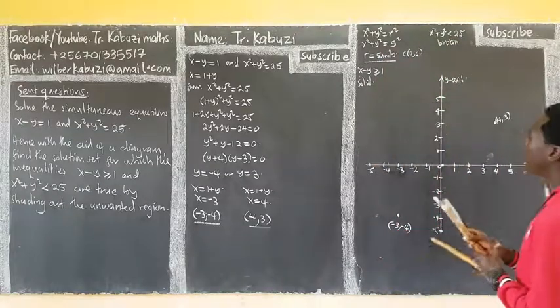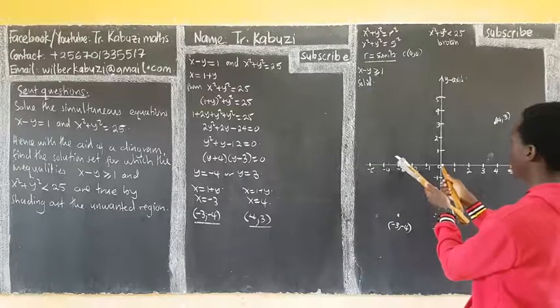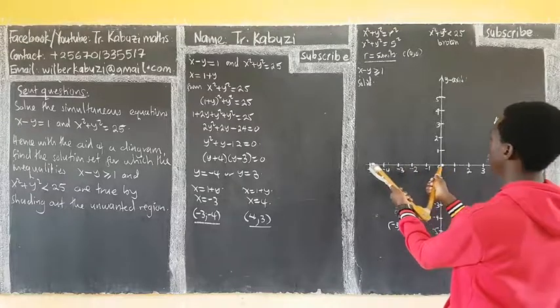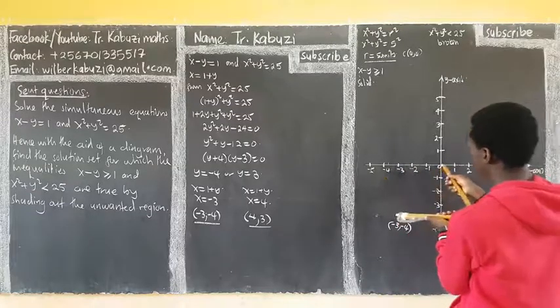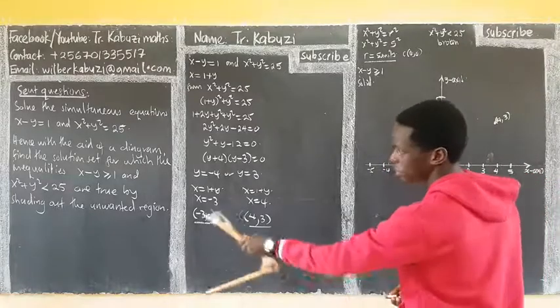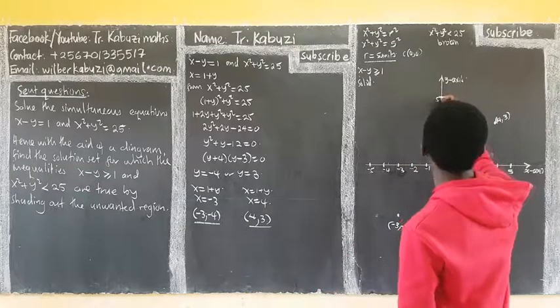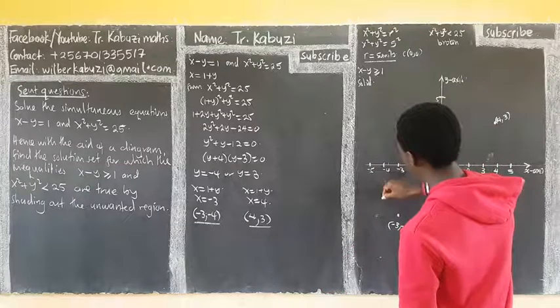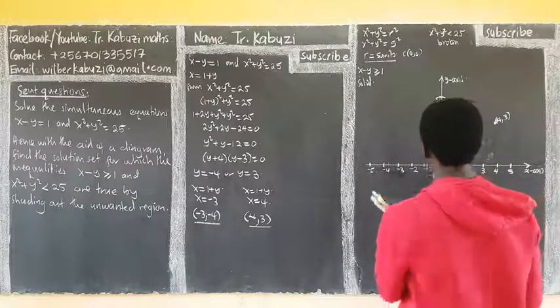So you can put here and then point out your 5 units. So these are my 5 units, like that. That's where my line is going to pass, because it's just a sketch, as you see there. It's going to pass there like this, then it comes like that.